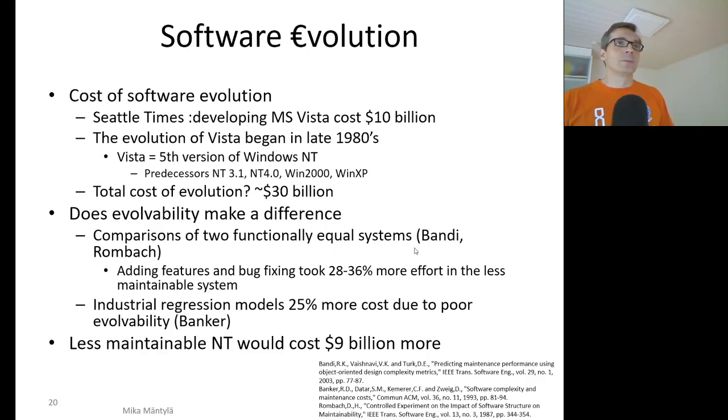According to Bundy and Rombach, where a comparison of two functionally equal systems was performed, it was found that adding features and bug fixing took 28 to 36% more effort in the less maintainable system.